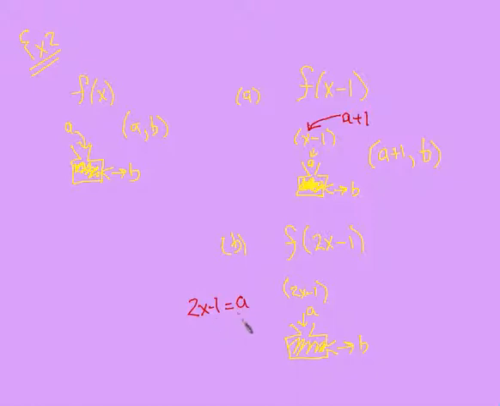We add 1 to both sides and divide both sides by 2, and we get x is equal to (a plus 1) divided by 2. Right? And that's just what we figured out: for this function, if I start with (a plus 1) divided by 2 as my x-coordinate, I will get b as my y-coordinate. All right?